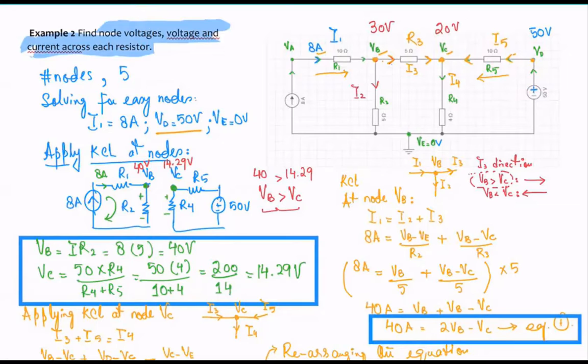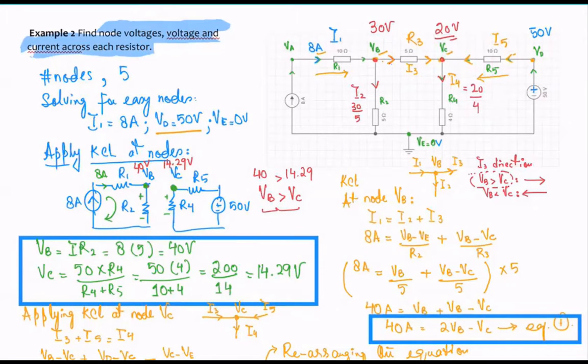I2 would be what? Remember, you have 30 volts here. So I2 will equal V over R. V is going to be 30. R2 is 5, correct? Similarly here, I4. Voltage here, I4 equals V over R. V is 20 because at this node you have 20 volts over here, correct? 20 divided by 4.